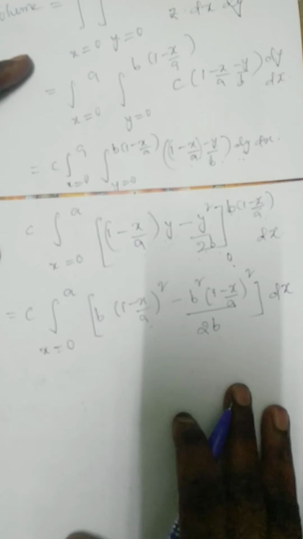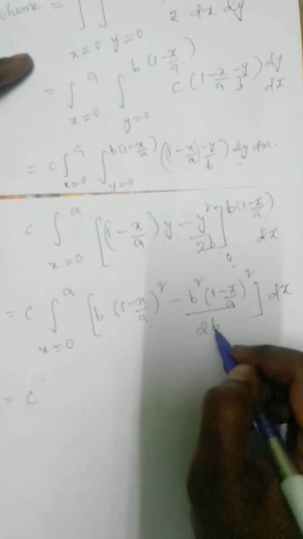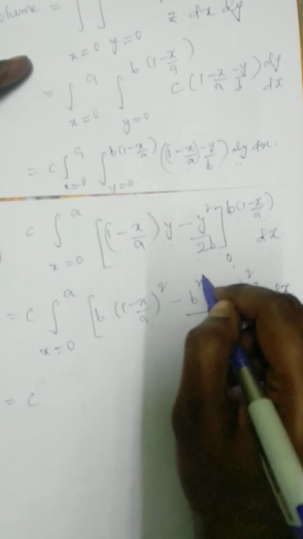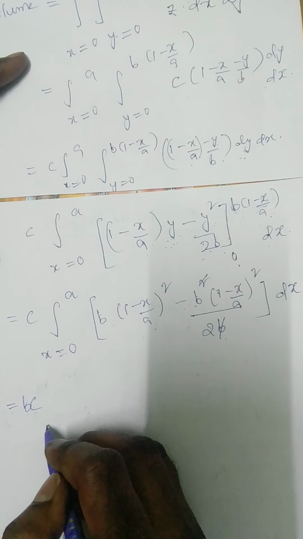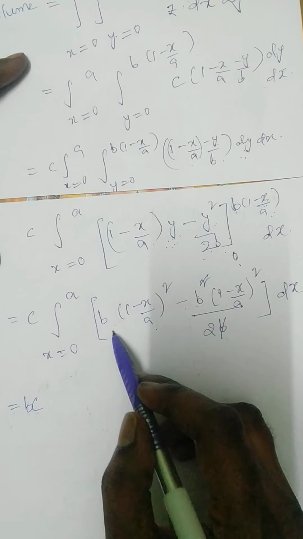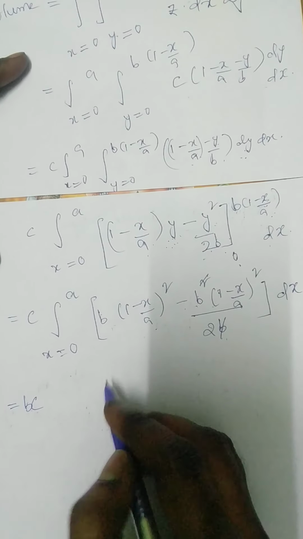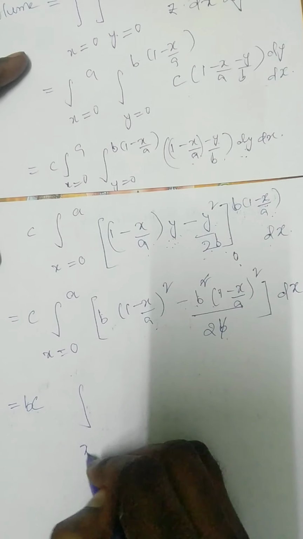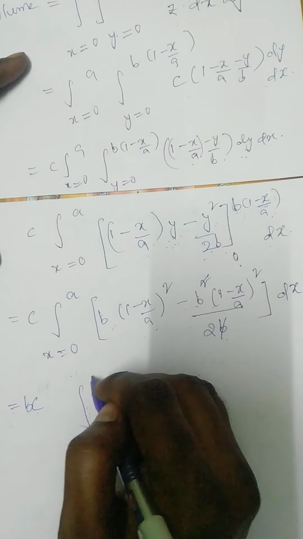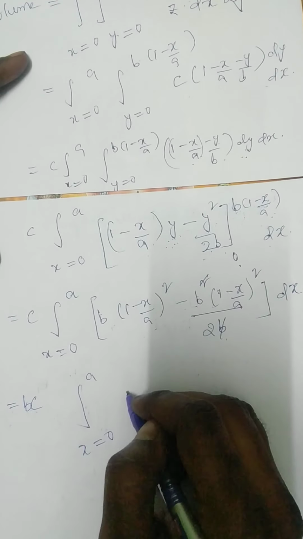Now if we simplify this, see here b gets cancelled. This b also we can take outside. BC into integral x equals 0 to a.